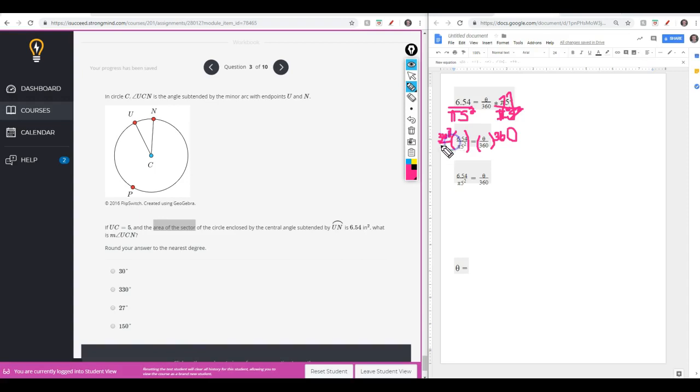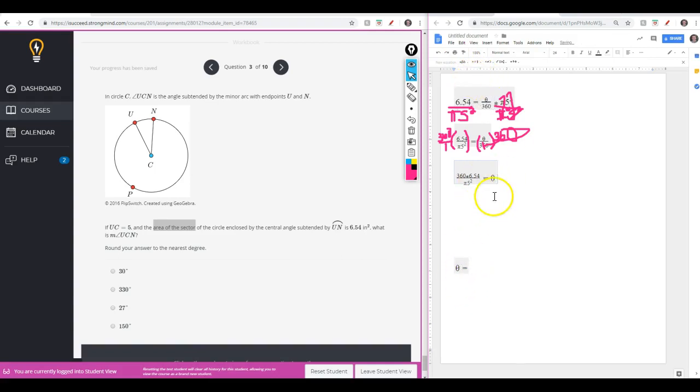It's always over 1. If it's a whole number that's not written as a fraction, we can always write it over 1. So 360 times 6.54 is what is now going to be in the numerator, and then 1 times pi 5 squared is pi 5 squared, because 1 doesn't change that value. And then 360 divided by 360 reduces down to 1, and 1 times theta leaves us with just theta.